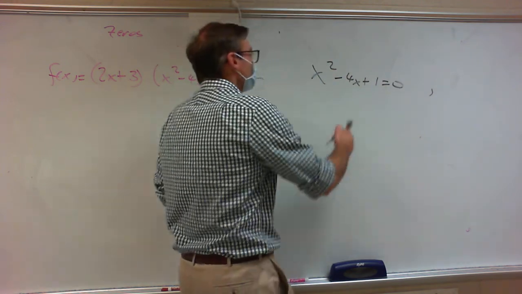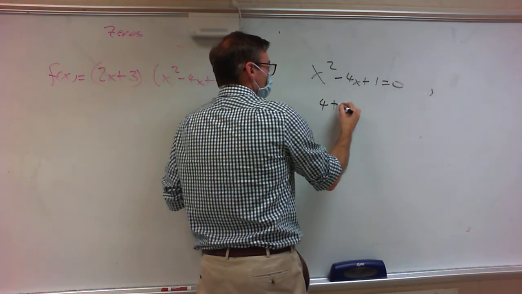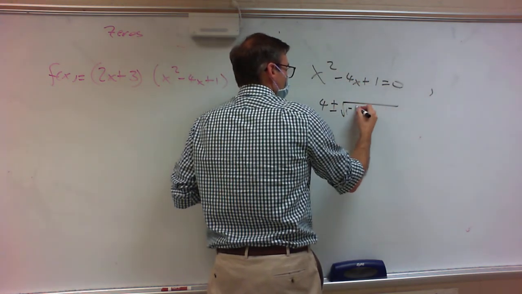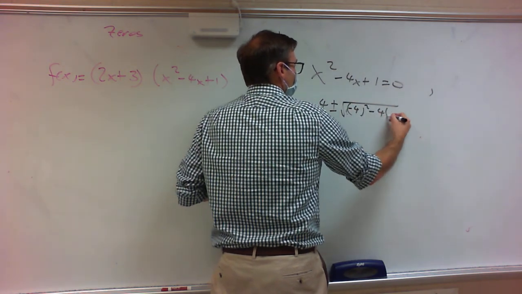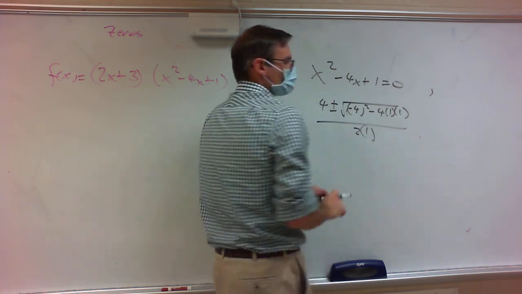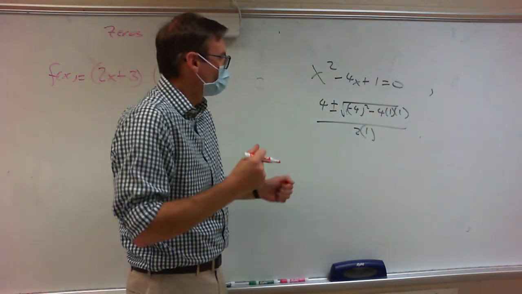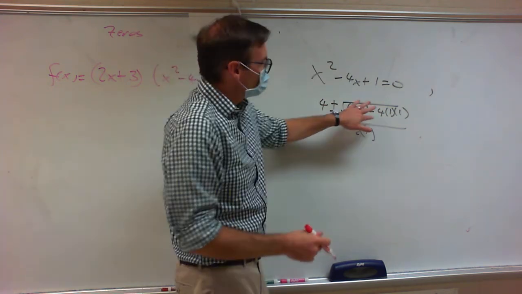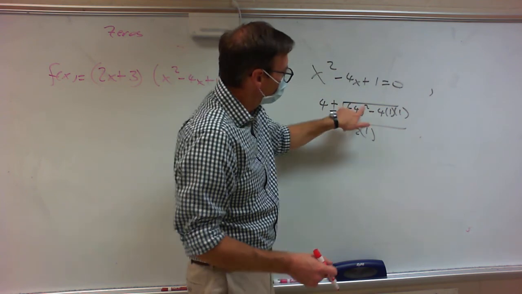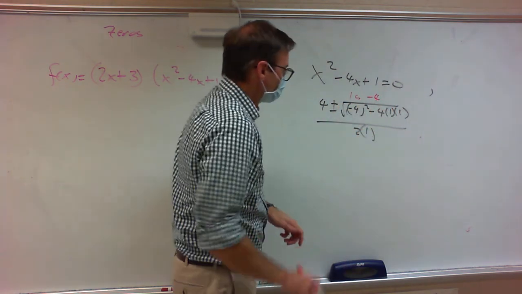So as far as the quadratic formula goes, negative b, so I get 4 plus or minus the square root of this squared minus 4 times 1 times 1, all over 2 times 1. Instead of copying the whole thing down again, I'll look here: negative 4 squared is 16 minus 4.